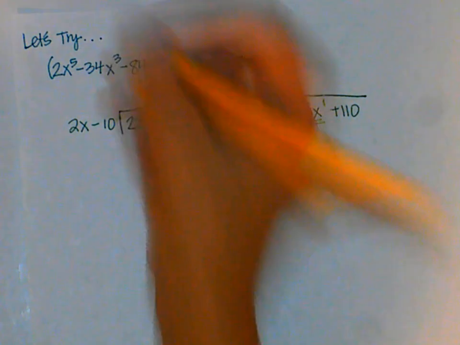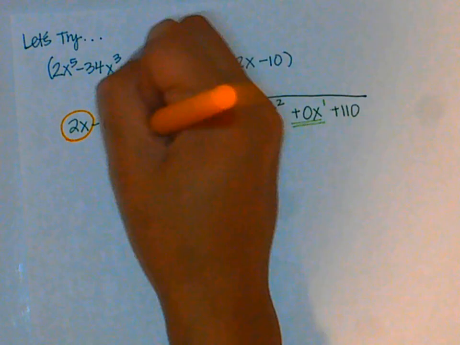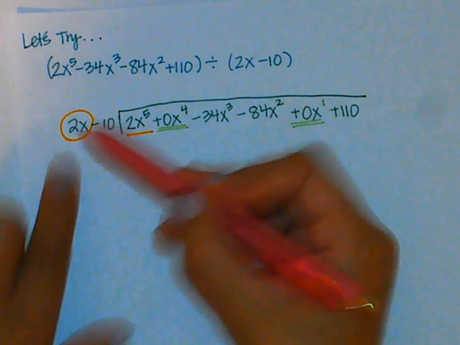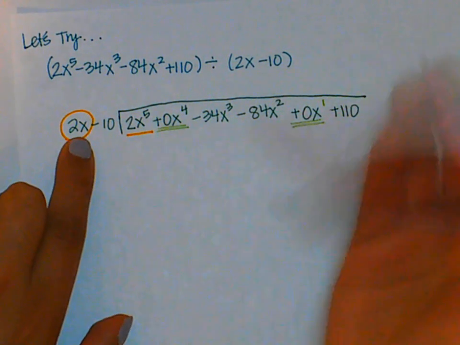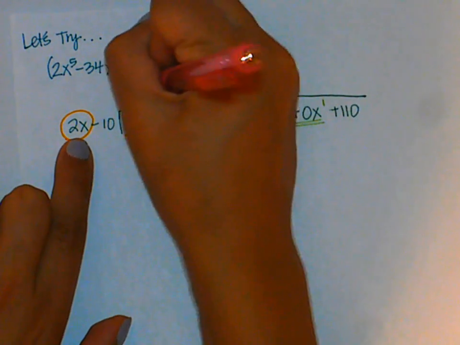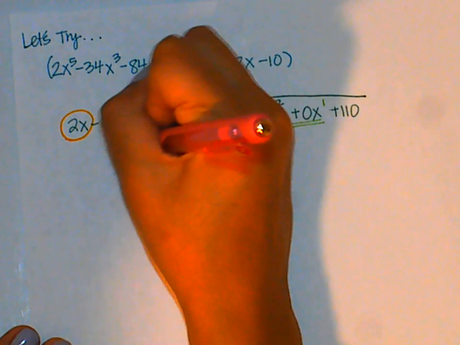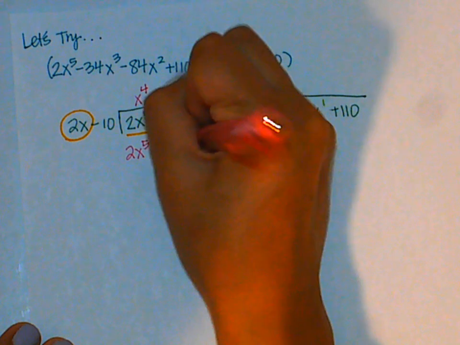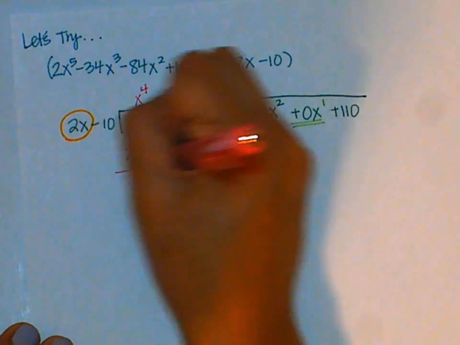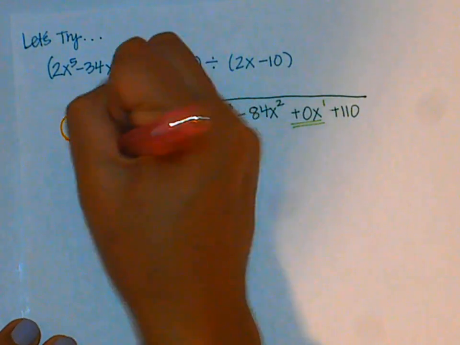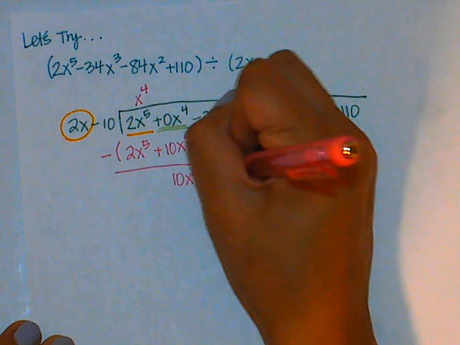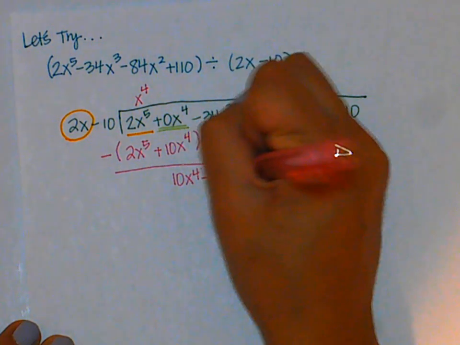From here, we do the same thing. So I'm going to focus on this, and it should be the same thing that we've been doing. So I have the 2, I have 1x, I need 5, so this is going to be x to the 4th. Minus 34x cubed.